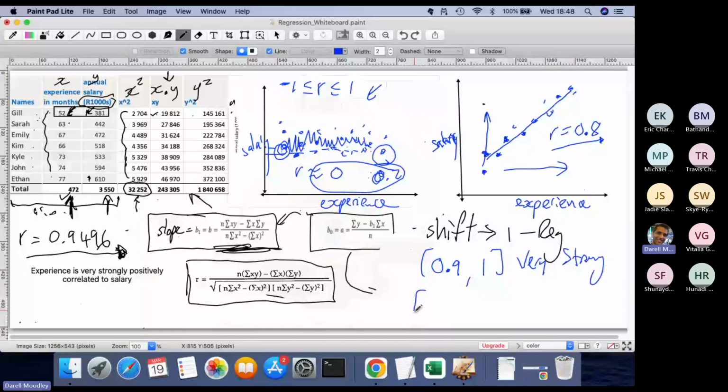From 0.8 to 0.9, we would say it's strong. Then below that, from 0.5 to 0.8, here we say it's moderately strong.